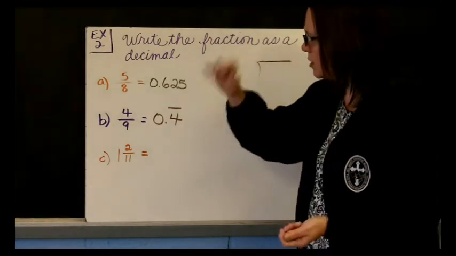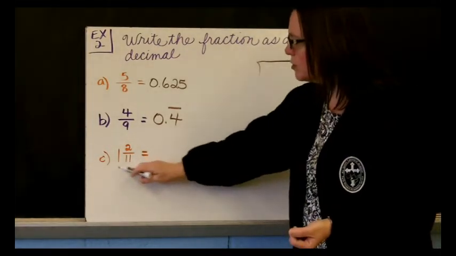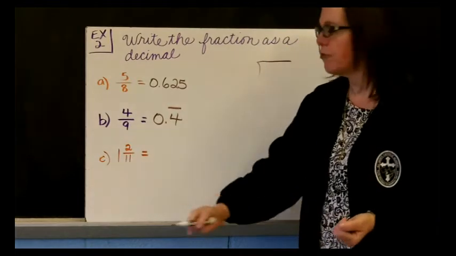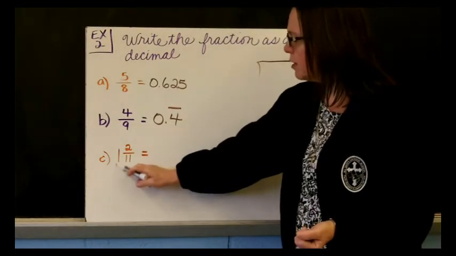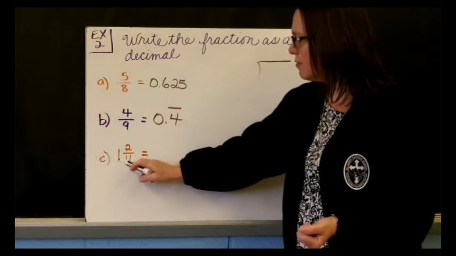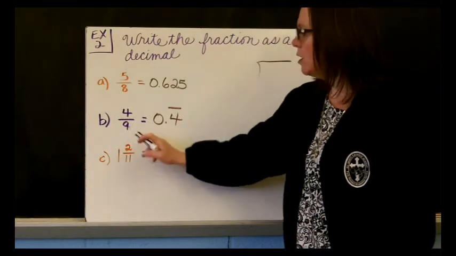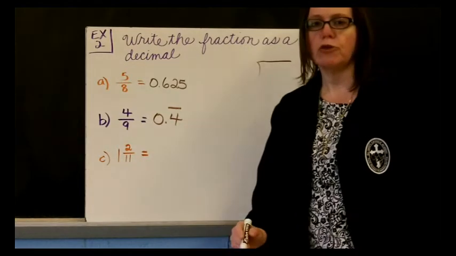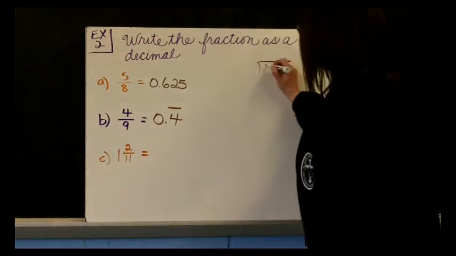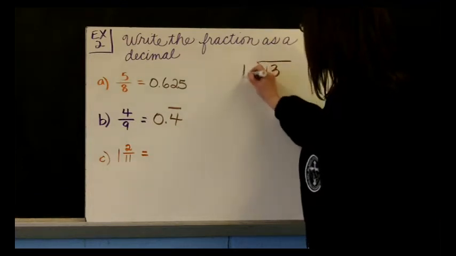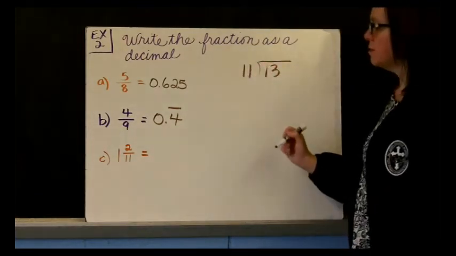And just as we did in example 1, we are going to turn this fraction into an improper fraction by multiplying the denominator and its whole number. 11 times 1 is 11. We'll add to it the numerator, which is 2. 11 plus 2 is 13, which gives us 13 divided by 11.